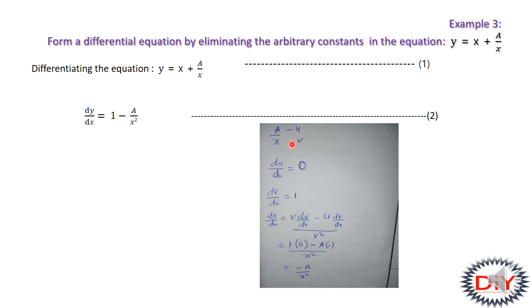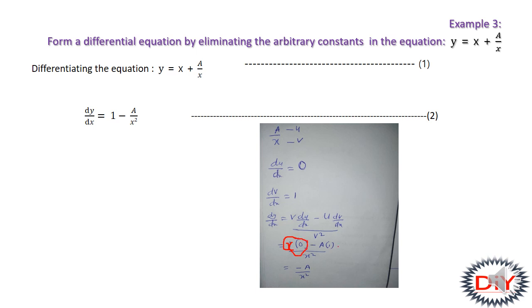Now our u is a, our v is x. So dy/dx equals 0 times x, minus u, which is a, times dv/dx, which is 1, all over v squared, and v squared is x squared. Now the first term is going to give us 0.